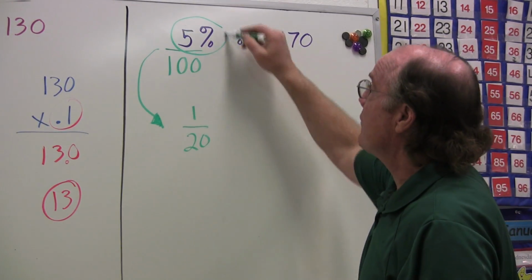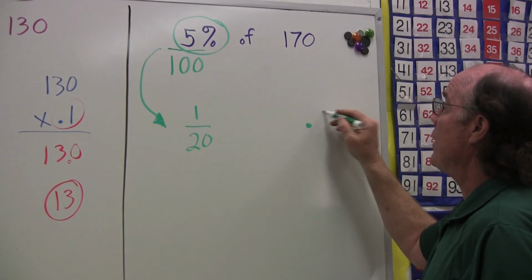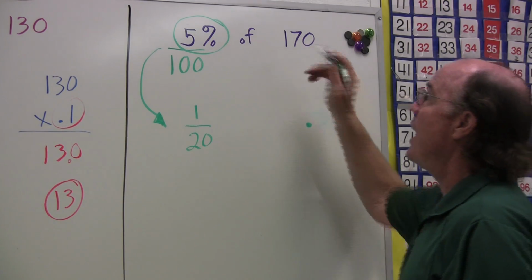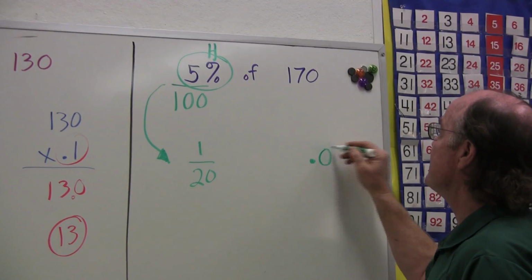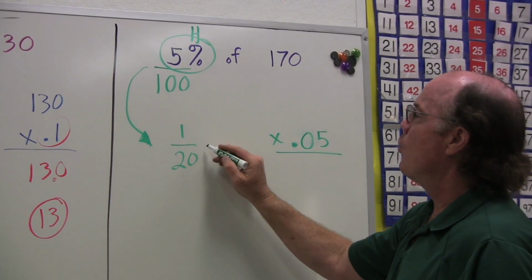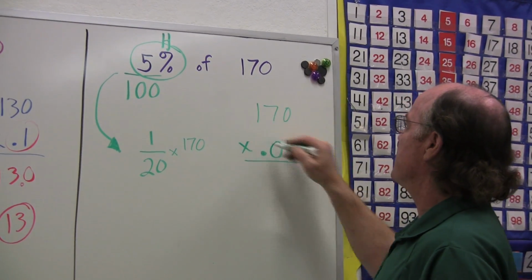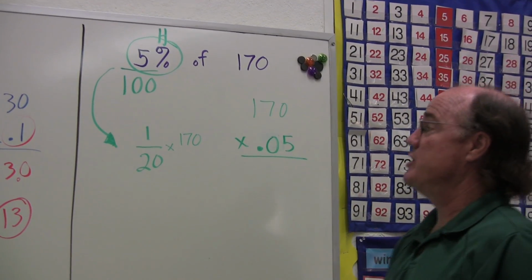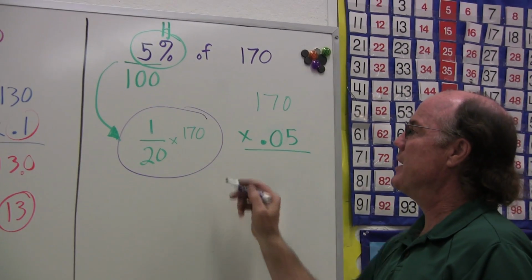Also, if you're going to do the decimal, you cannot multiply 170 by 0.5. 5% is not 0.5. Watch. 5% is 0.05. Okay? Now, 1/20th times 170, or 170 times this. I'm really not sure which is easier. Now, for me this, but some of you might pick this.